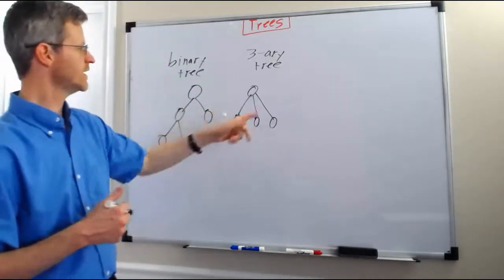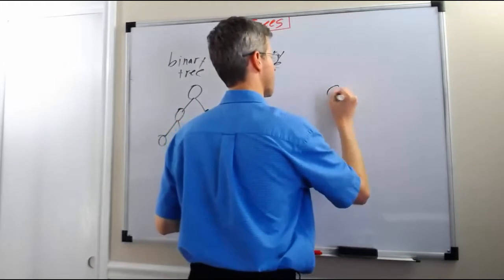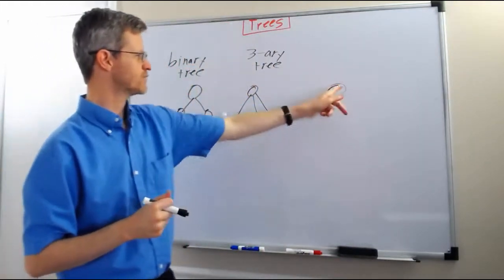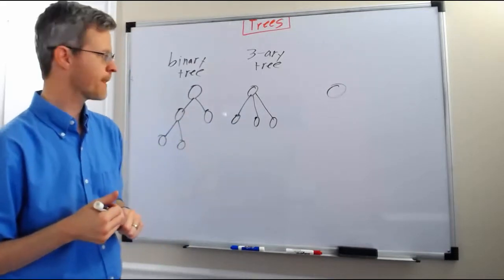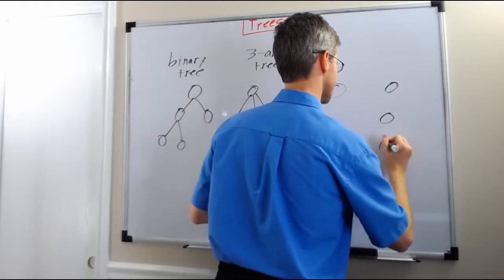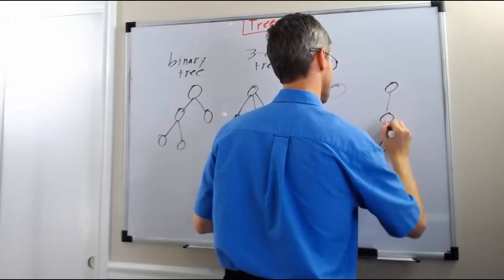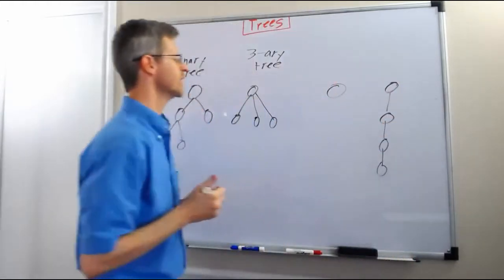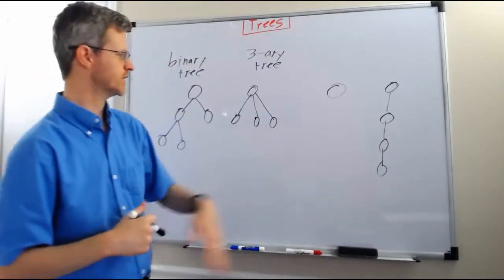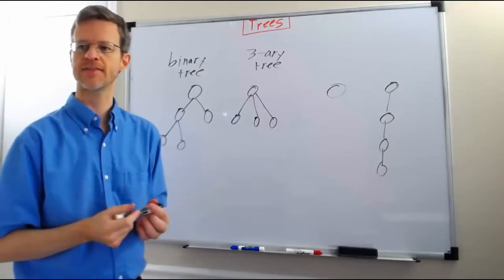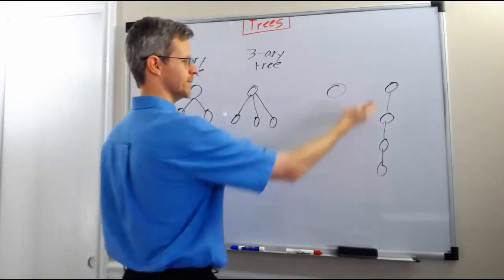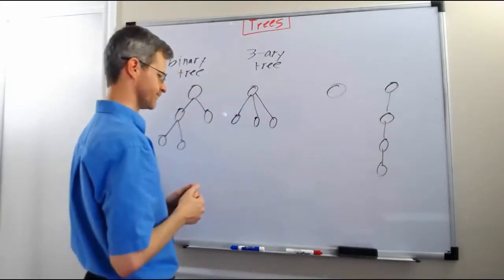So this is a tree, this is a tree, this is also a tree, albeit a degenerate sort of tree, in that the root node has no children at all. And this technically is a tree as well, in which each node has at most one child. We usually don't use trees that are like this. This is considered a degenerate case and not very useful.